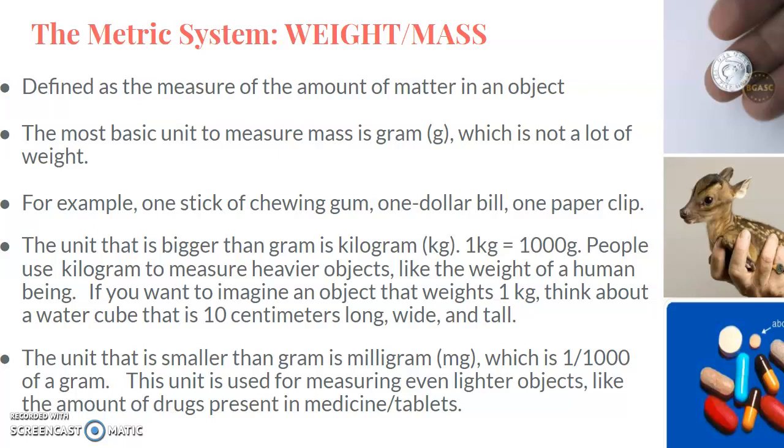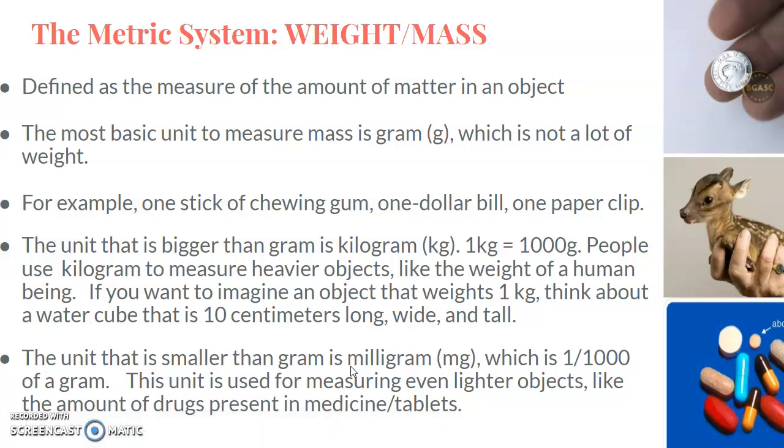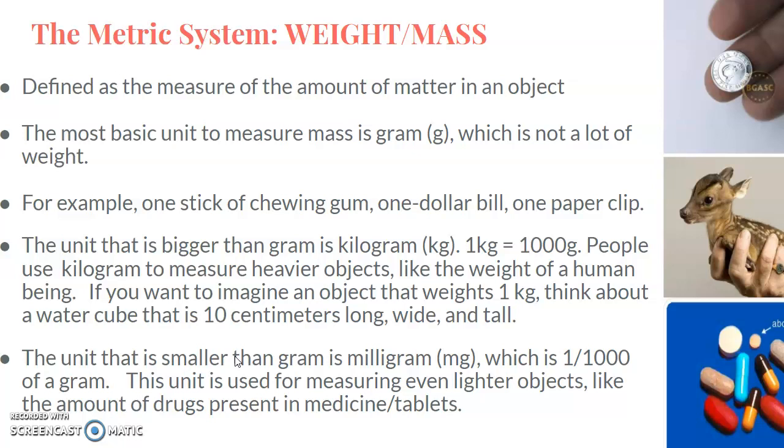And like I said, milli is the smallest unit. So obviously, when it comes to weight, milligram is going to be the smallest unit that we're going to study about. And it's only 1,000th of a gram. So can you think about that? You can barely feel the weight of a dollar bill in your hand, so you probably will not even feel the weight of a milligram.